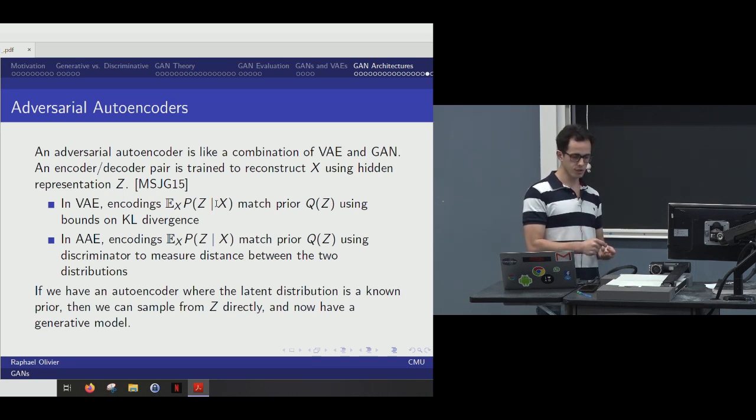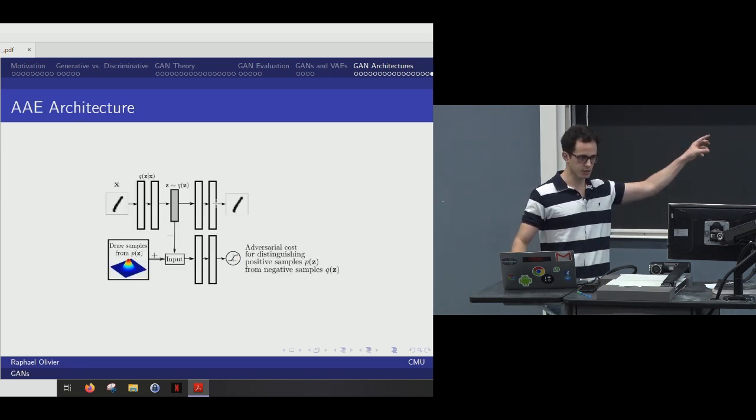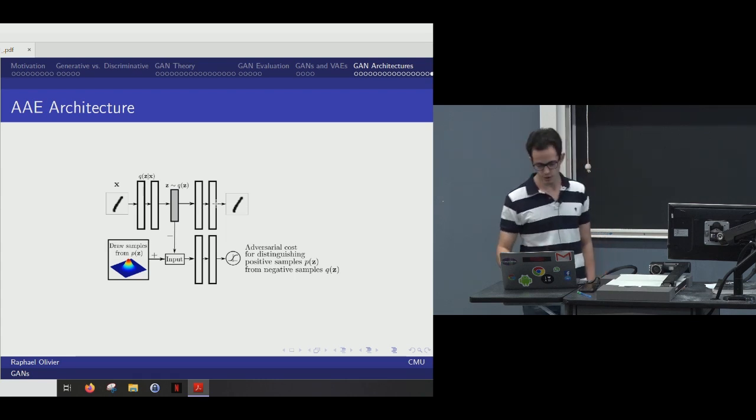Instead of taking real and fake images, the discriminator takes latent representations and Gaussian samples. It tries to say whether this was drawn from a real Gaussian, or was created from an image by the encoder, making the distinction between the two. So you're learning, with a discriminator, to match the latent representation to the prior that you're trying to match.